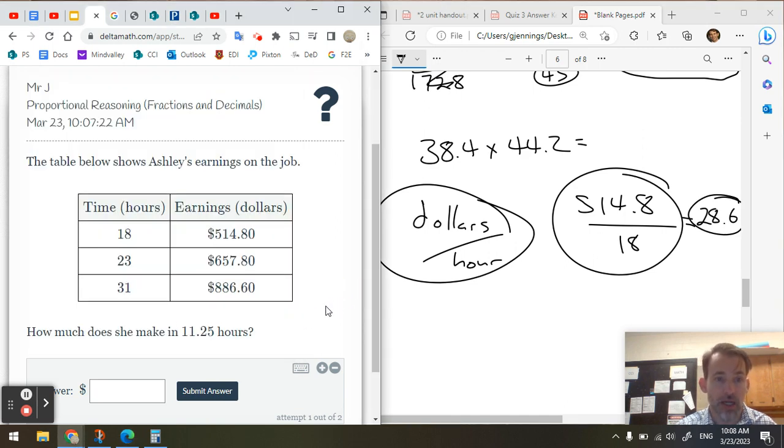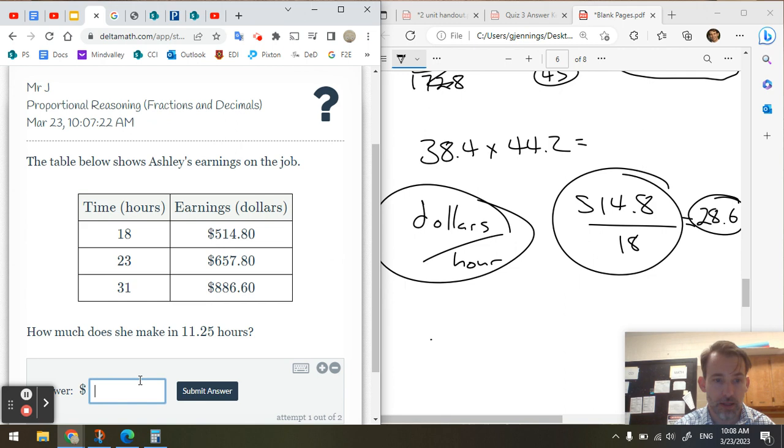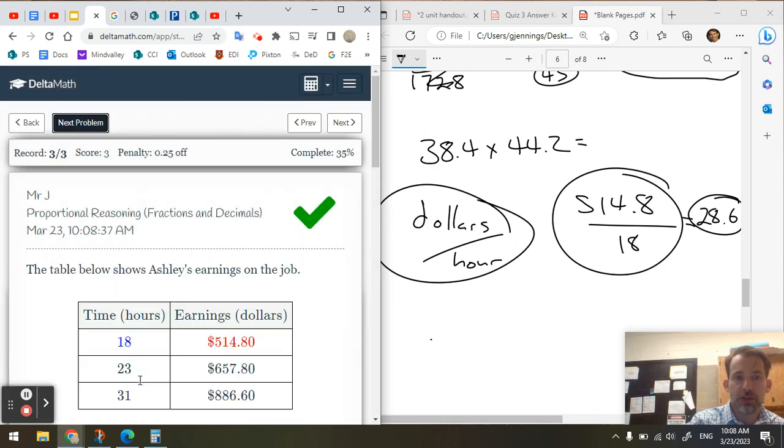It's pretty nice. And then how much is she making? 11.25. We've already got that number there, so just multiply by 11.25 equals 321.75. She makes almost $322 in 11.25 hours.